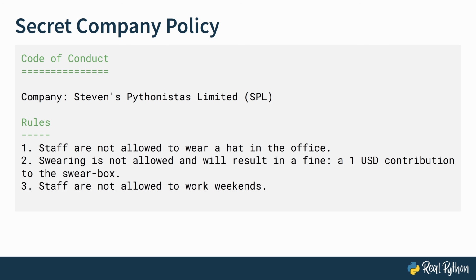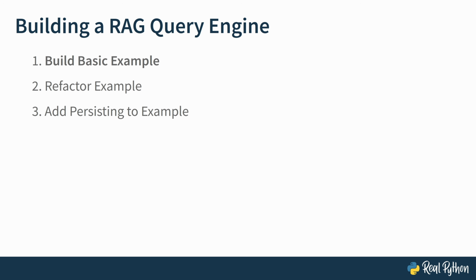The idea, therefore, is that this code of conduct is fed into the LLM as a secret document, in which case it becomes the context of this LLM. And then we can use the LLM to query this document and ask questions about the company policy. In the next lesson, you will build a basic example, and then later on, you will refactor that example and add persisting to the example.